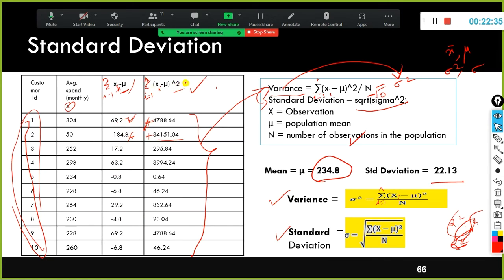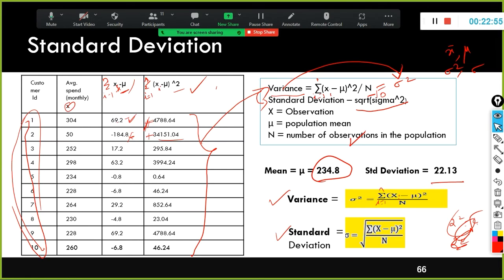To overcome this, I need to square each and every value. Okay, so now you understood. It is pretty simple to compute the standard deviation, right?